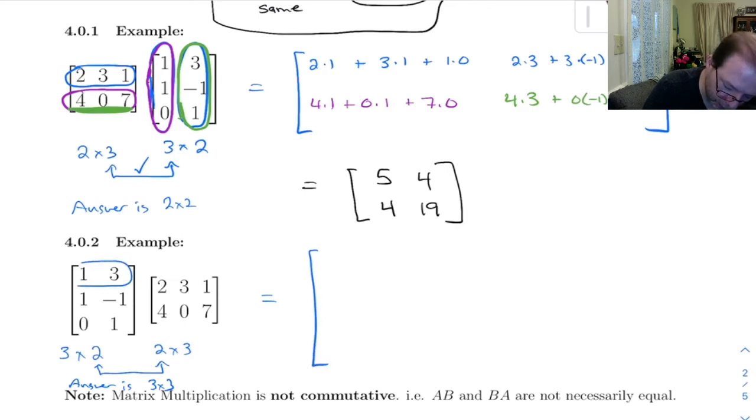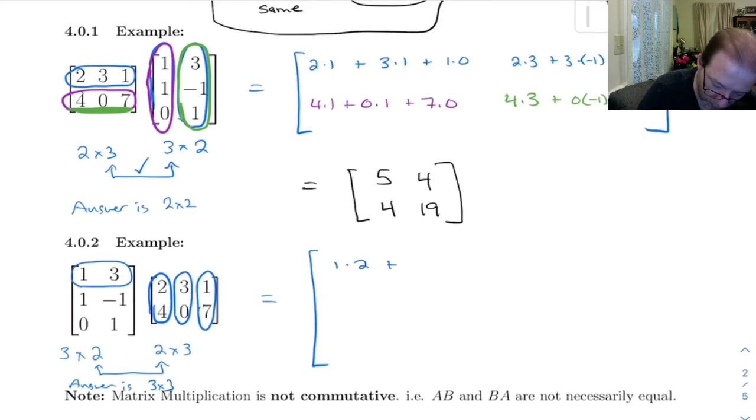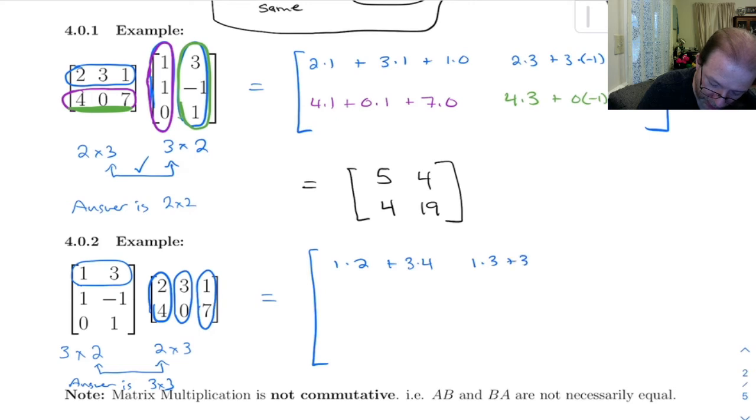So we'll do 1, 3 times each of these. So we get 1 times 2 plus 3 times 4. Then we get 1 times 3 plus 3 times 0. And then 1 times 1 plus 3 times 7.